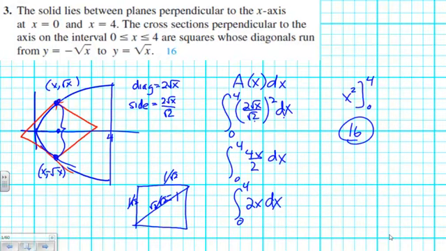I'm still confused when we get 2 root x over root 2. Okay. Are you okay with the idea that if we know the diagonal, we can find the length of the sides by dividing by root 2? Oh, okay. They're similar squares.